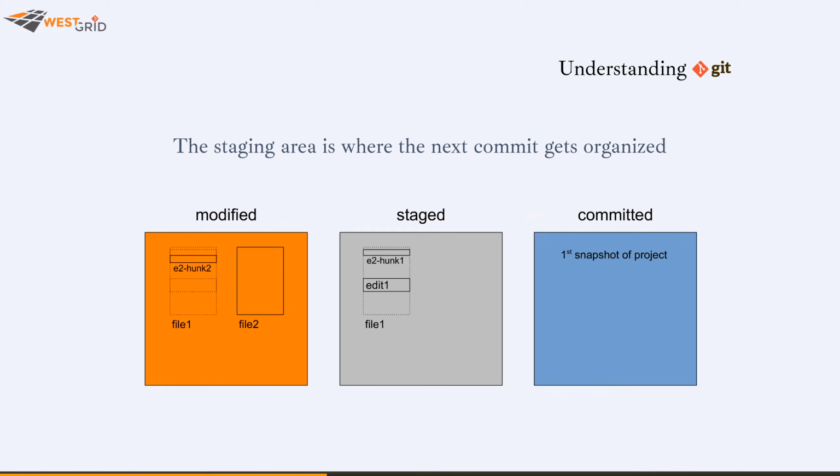You want to create a history that is meaningful with a bunch of changes that make sense together. So the staging area allows you to take a bunch of modifications from your working tree and select those and then commit them together to create a meaningful snapshot.